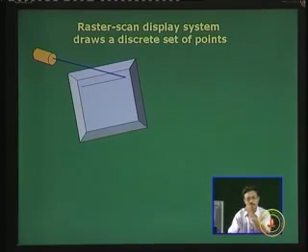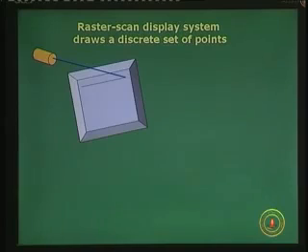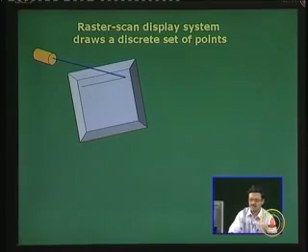Then there is a blue line coming out of the gun which indicates the electron beam, and the electron beam is moving horizontally across the screen. This rectangle which you see with a border, assume it to be a television screen or the monitor on which you are watching this lecture.